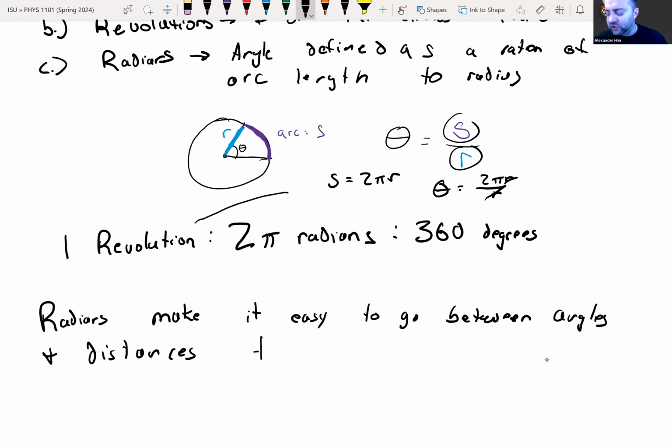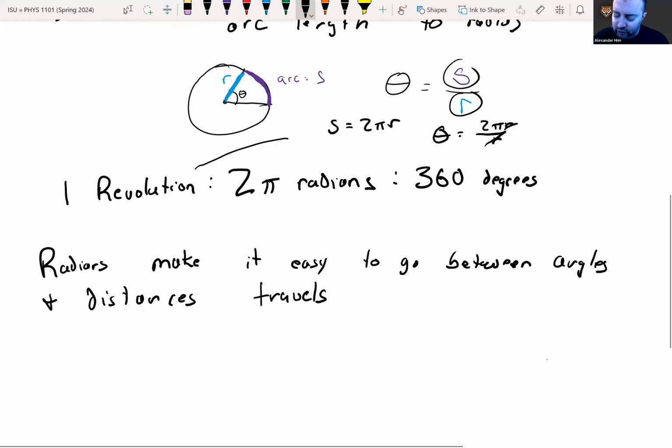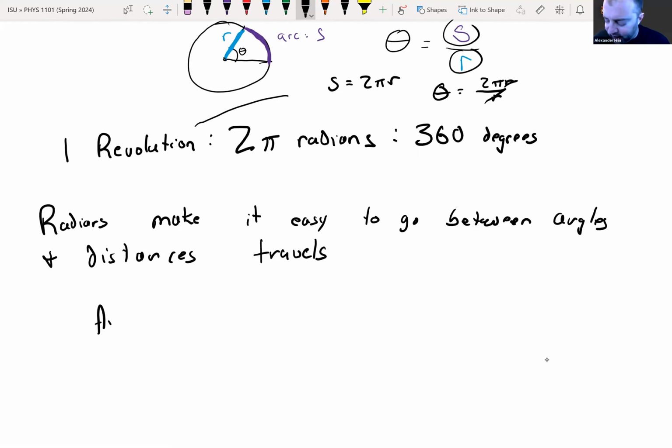This is super useful in physics, where we don't just care about the angle traveled, we a lot of times care about the distance that the overall object has traveled, and being able to go between those conveniently is very useful. So for arc length, you get that nice little formula based on how I just defined the angle measured in radians: the arc length, which would be a distance traveled, is equal to theta times r.